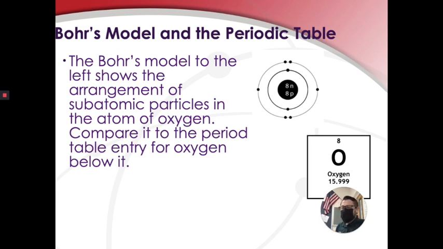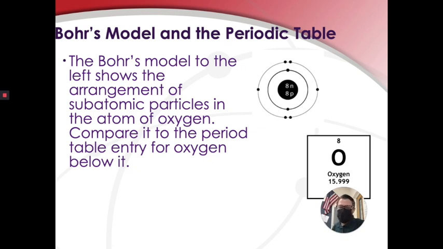Okay. So in order to understand atoms a little bit better, we kind of simplify the way that they are. We know that these atoms are these dense nuclei with this cloud of electrons zooming around. And that's kind of hard to visualize. So a scientist by the name of Niels Bohr came along and said, you know what? Here's a simple diagram we can use to better understand atoms. And this is what we call the Bohr model.